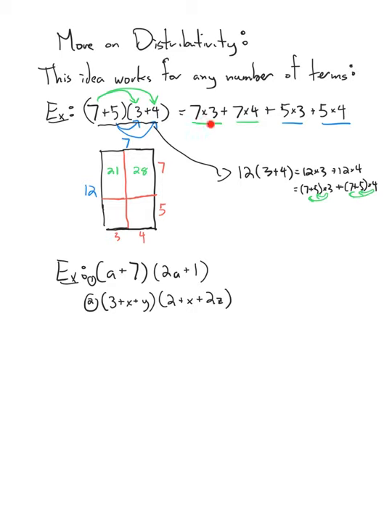So that's this 7 times 3. Here we have 7 times 4, which is 28. Then we can look at the bottom ones. 5 times 3 is 15, and 5 times 4 is 20. You can check if you like. This adds up to exactly what you expect. 7 12s are 84.